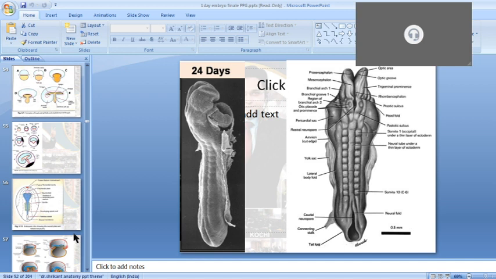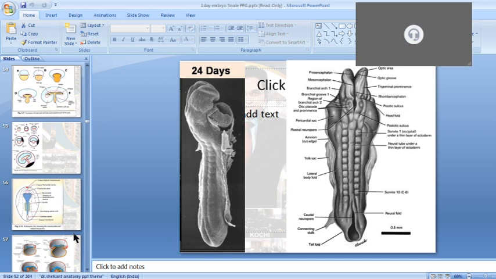Now see this neural tube: the cranial part is getting dilated, and that dilated part makes the brain vesicle, while the caudal part remains narrow, and that narrow part will make the spinal cord. So the brain develops from the brain vesicle, while the spinal cord develops from the neural tube.